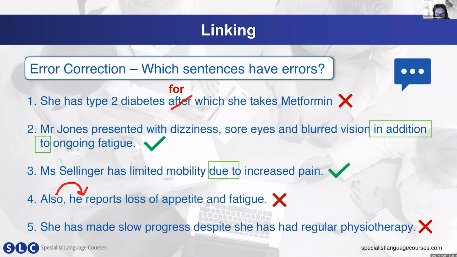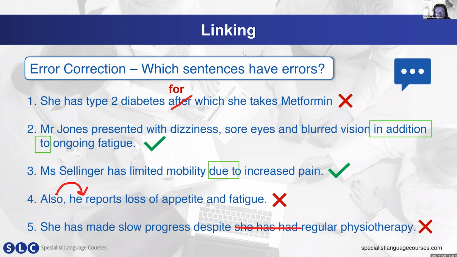And then the last one, despite is followed by, remember, the noun or the ing form, not the clause. We'd have to have despite the fact that. So we would change it to despite regular physiotherapy. So here we've got the noun. Or we could say despite having regular physiotherapy.